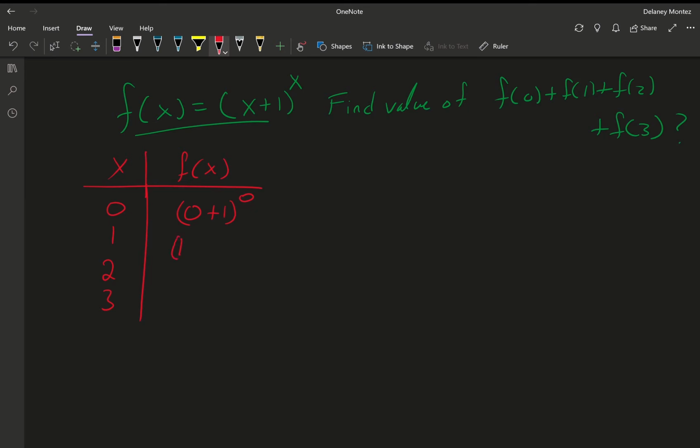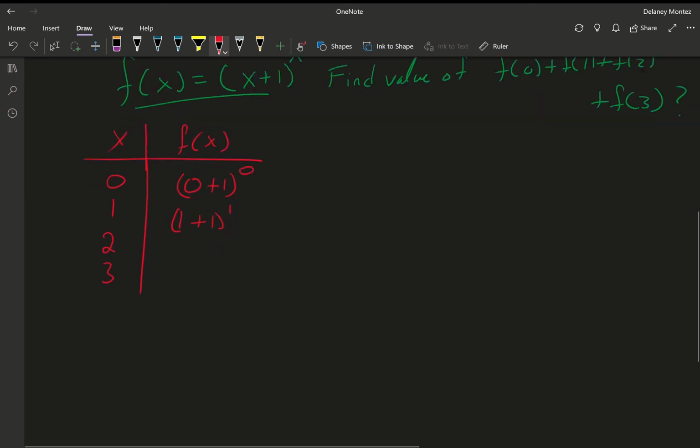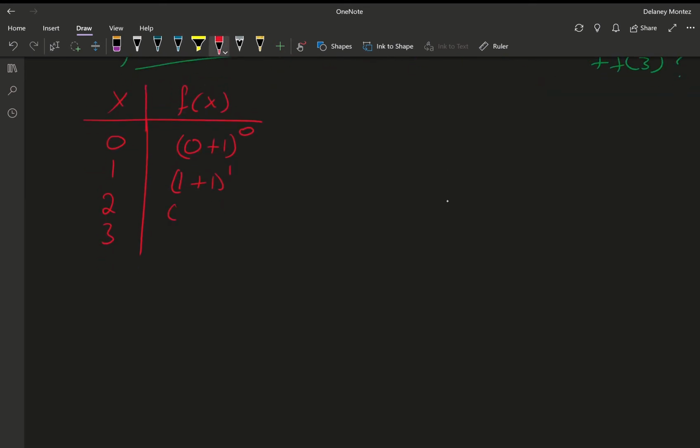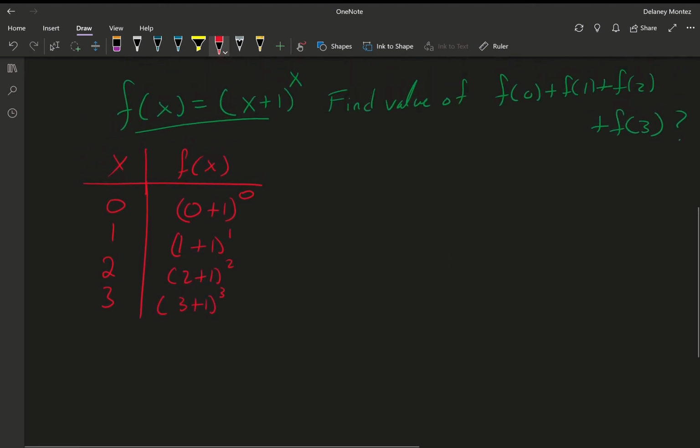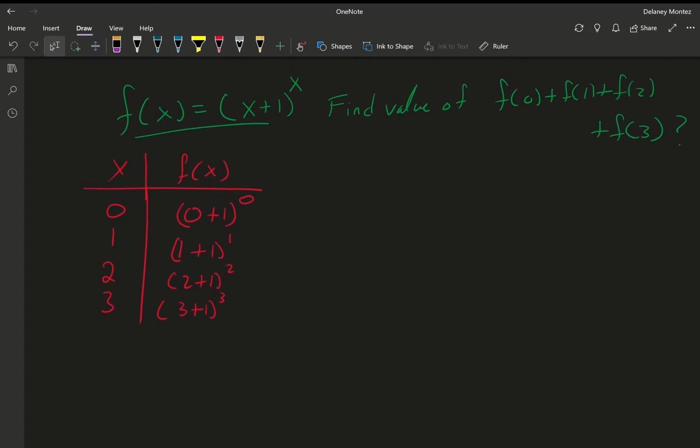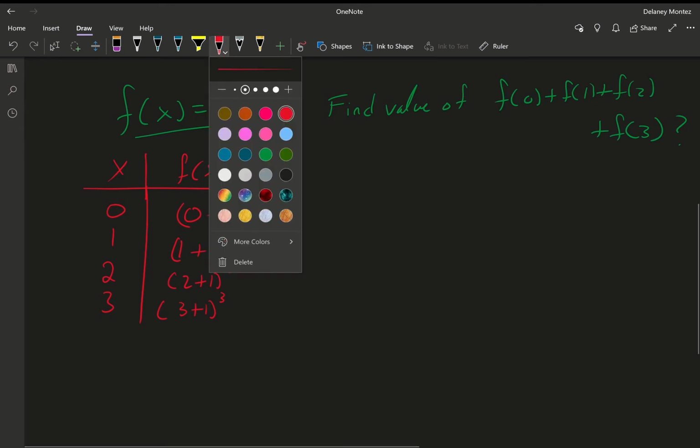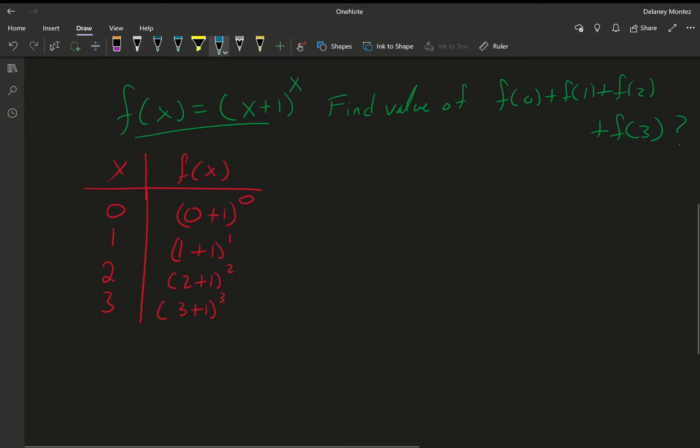Then you have (1 plus 1) raised to the 1, (2 plus 1) raised to the 2, (3 plus 1) raised to the 3. Now you may ask yourself, why are we doing it like this? That's because this placeholder here is just where x is. These are where the x values are, so we're just subbing them in.